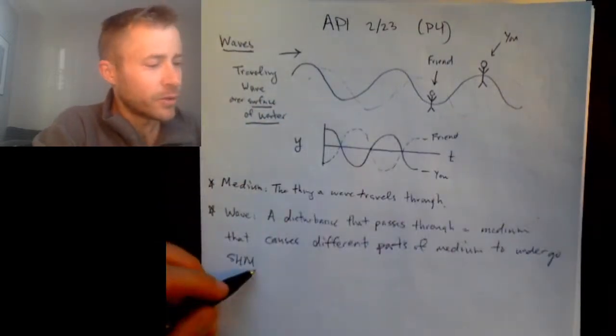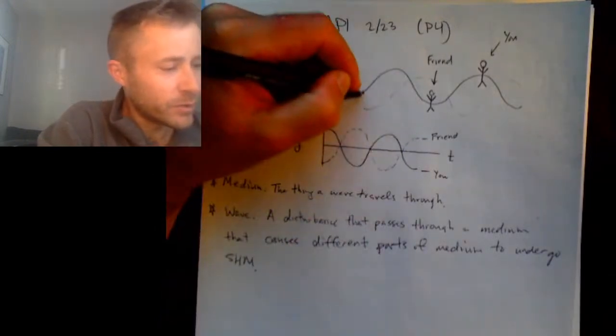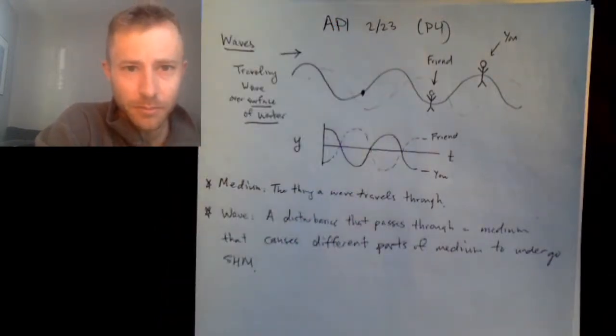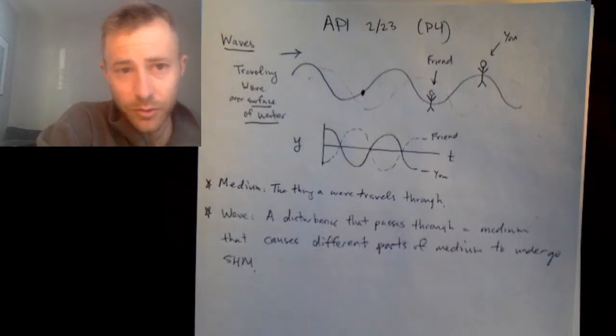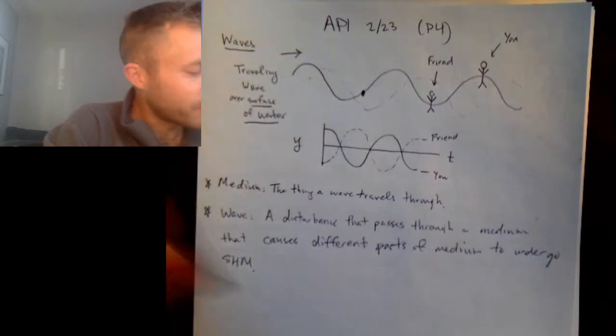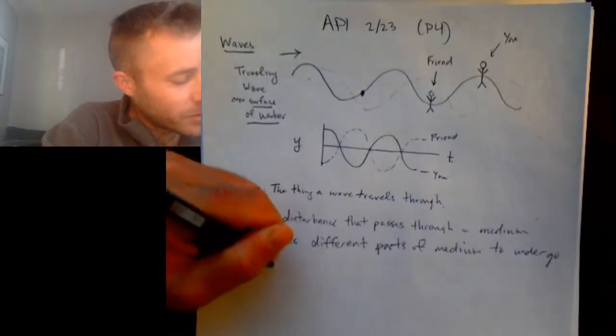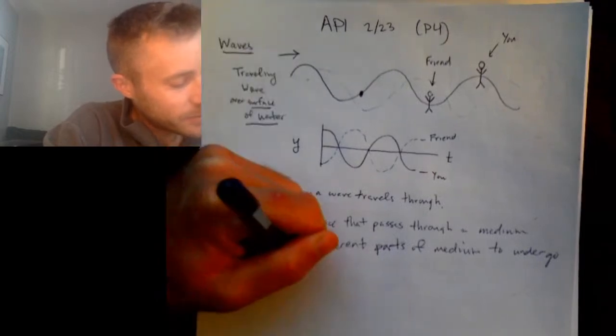Okay, so every single point in the medium, if we looked at the position time graph of that spot on the medium, it is also going to be undergoing simple harmonic motion. But all the simple harmonic motions are out of sync.